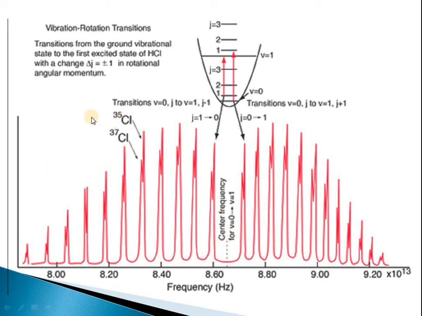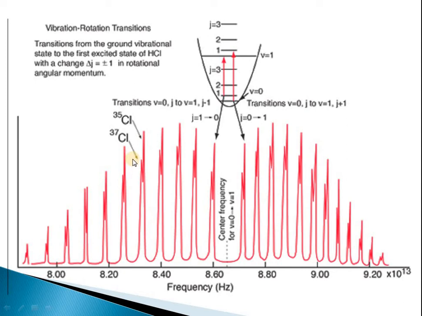This is the rotation-vibration spectrum for chlorine, and you can see that the spectrum is split into two parts. This is because chlorine has two isotopes, chlorine 35 and chlorine 37. Chlorine 35 has an abundance of almost 75%, and chlorine 37 has an abundance of 25%.